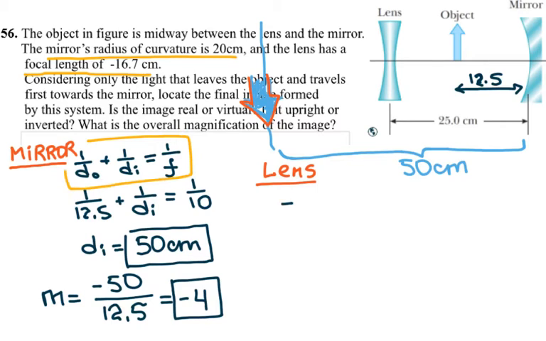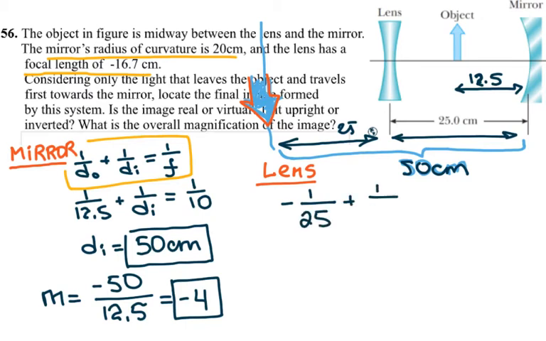The distance here is 25 centimeters, and this is also 25 centimeters, so together that gives you 50 centimeters. So I have 1 over negative 50 plus 1 over di equals 1 over the focal length, which is negative 16.7. Then my di for the lens is going to be negative 50.3 centimeters.